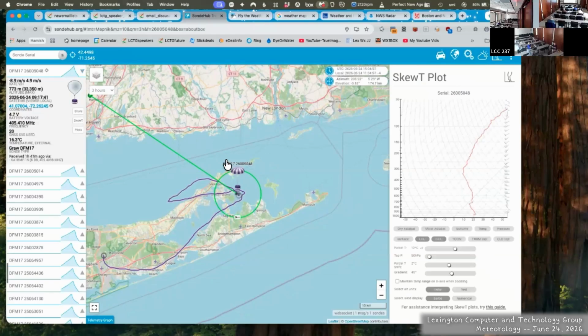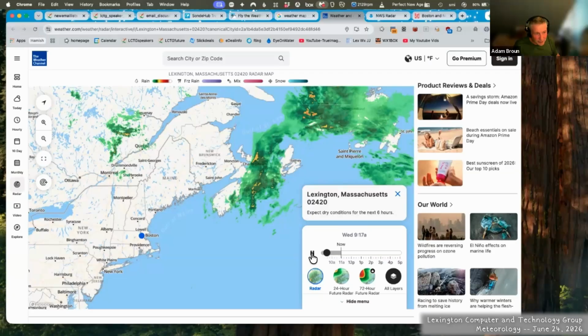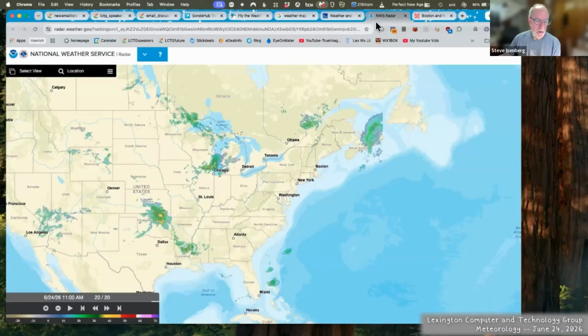While we're at it, this is weather.com, and this shows the current weather. If it's working, it will show the historic radar loop. And this site does it as well, and here you can see where the weather is around the area.